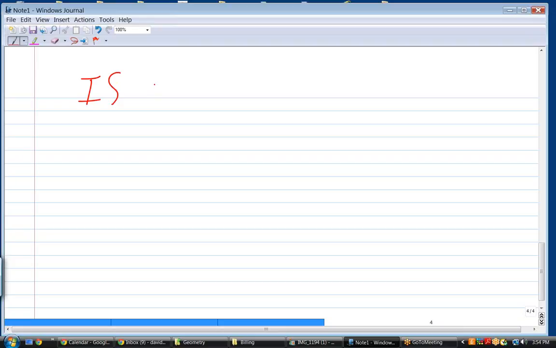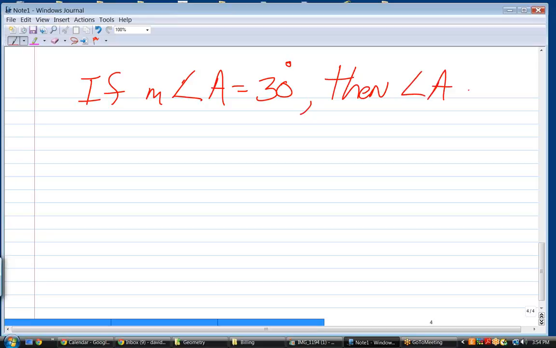I think this is the best thing for you. I've never met anybody that doesn't have problems with proofs. It's the hardest part of geometry, and yet they give it to you in chapter 2, which tends to demoralize everybody.